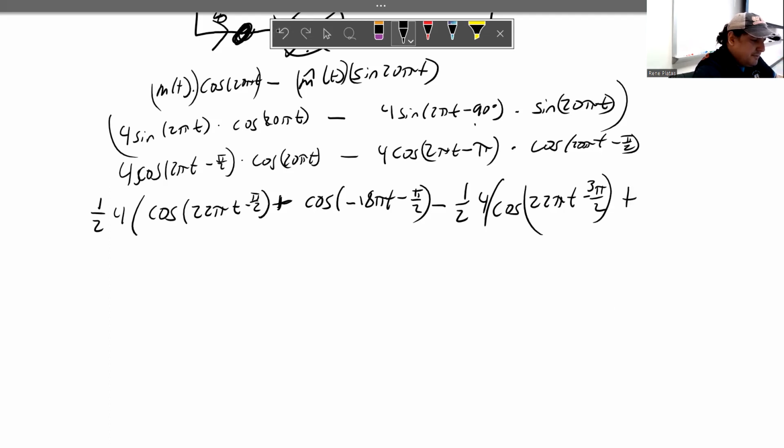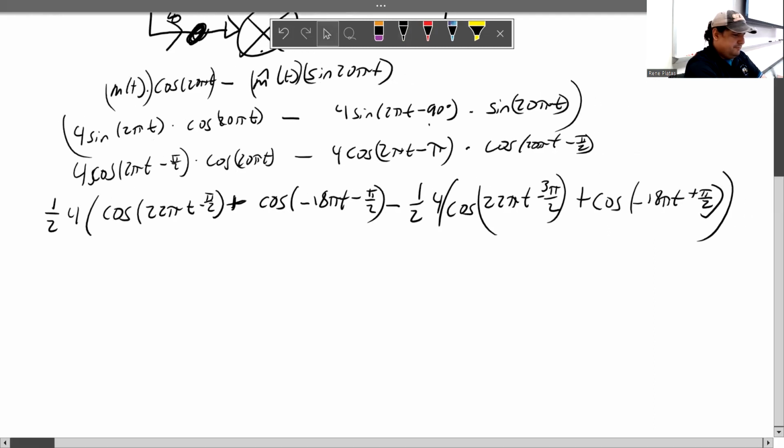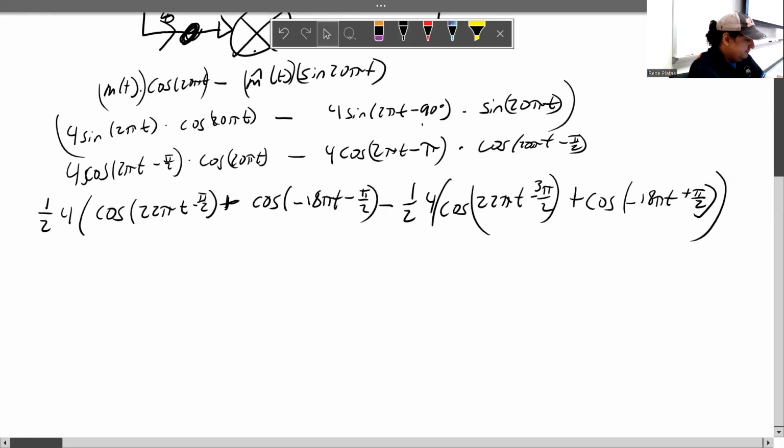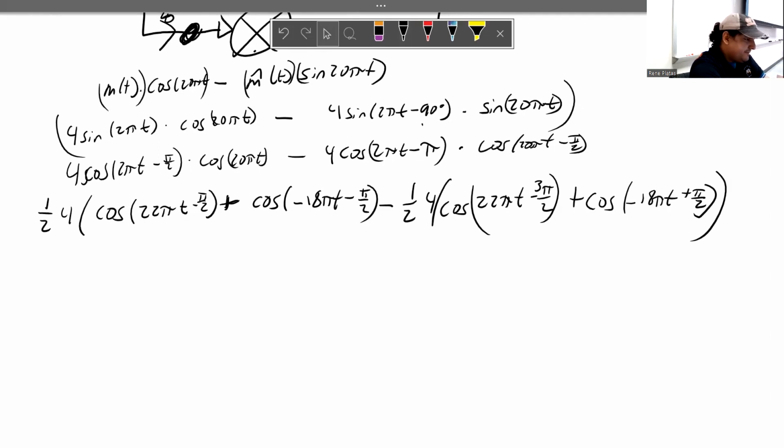Plus the cosine of the differences, which is -18 pi t plus pi/2, I believe. Anybody see any mistakes? I know I never make mistakes, but I could be testing you guys.